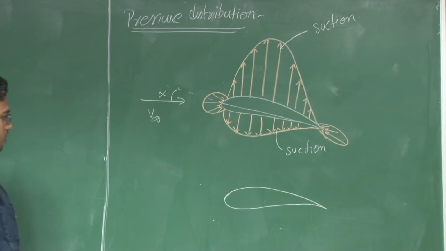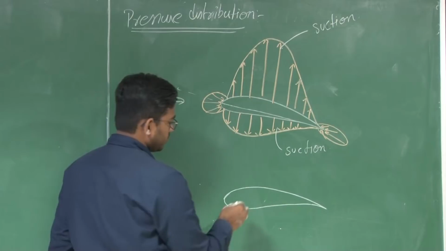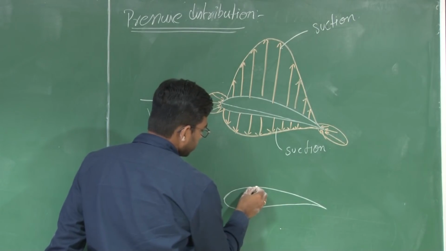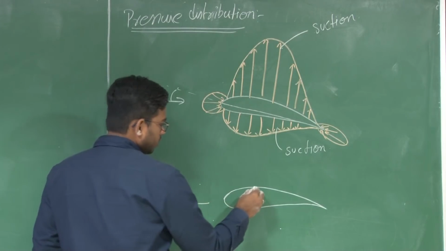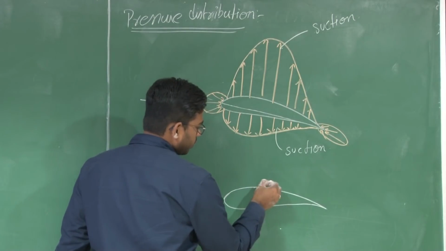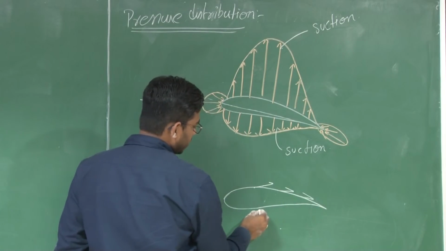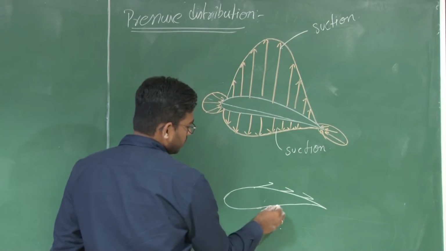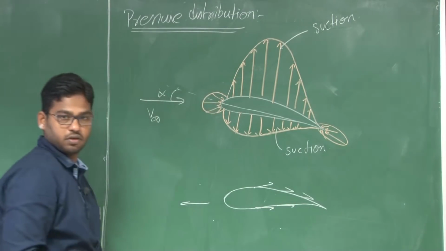That friction is the shear stress. If the body is moving in this direction, the shear stress will act opposite to it, tangent to this surface. So there will be a shear stress acting tangential to this surface due to fluid friction.